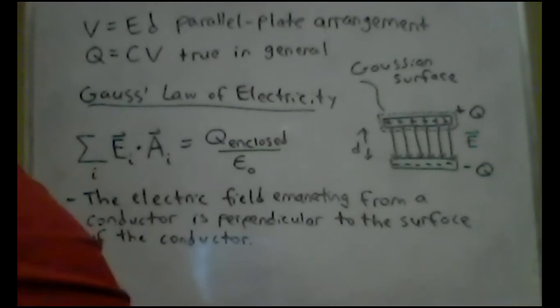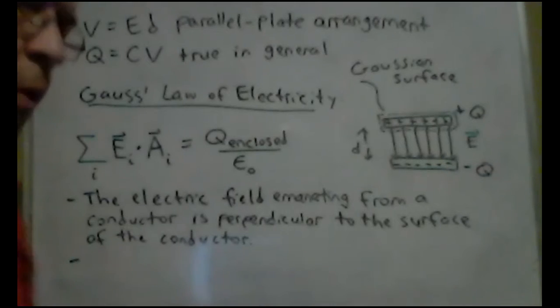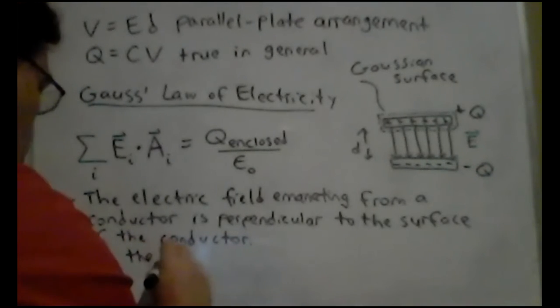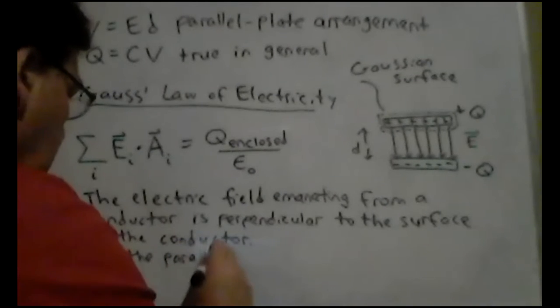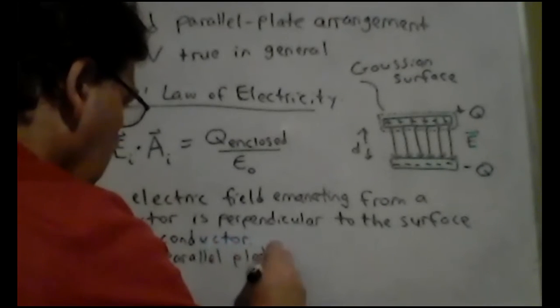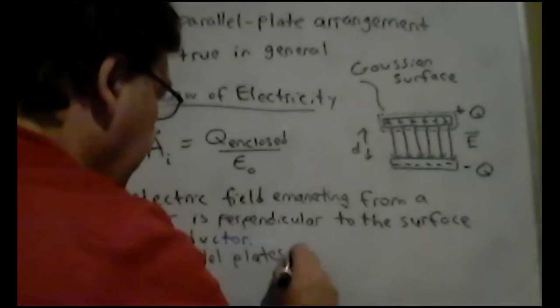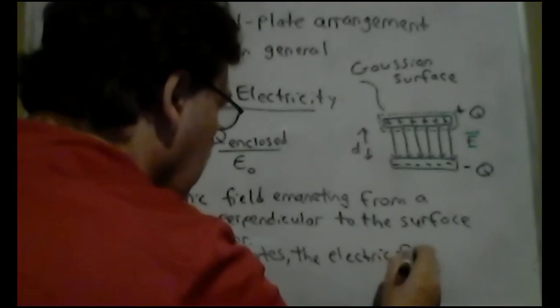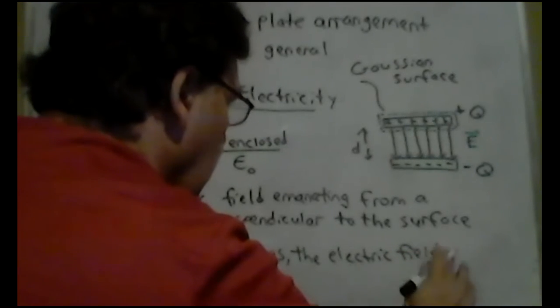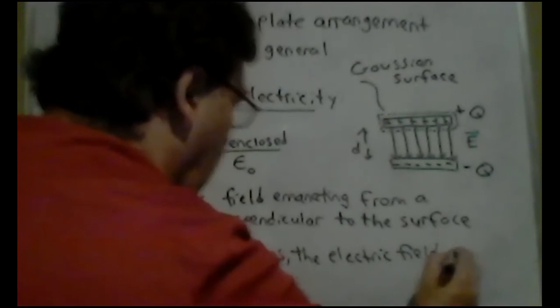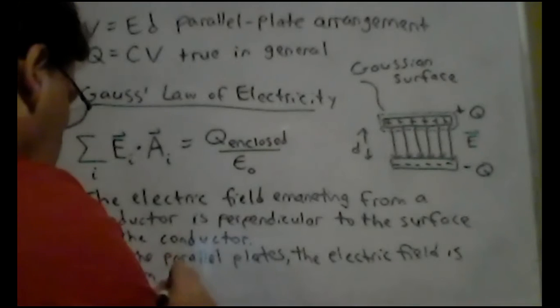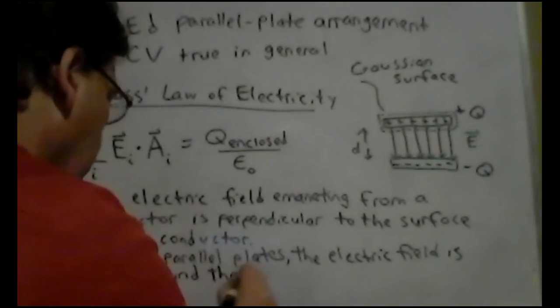The other thing we know about this arrangement is that for the parallel plates, the electric field is uniform, meaning it's constant in magnitude, and the field lines are parallel.